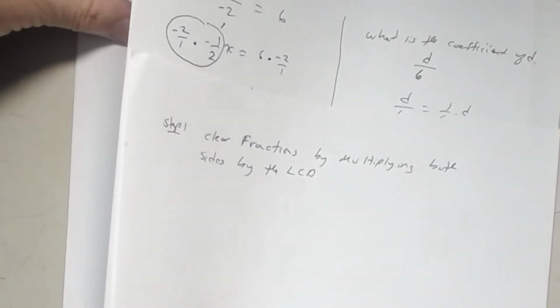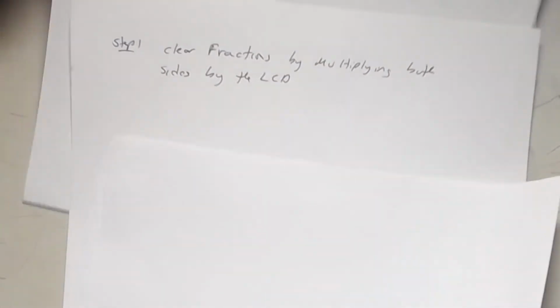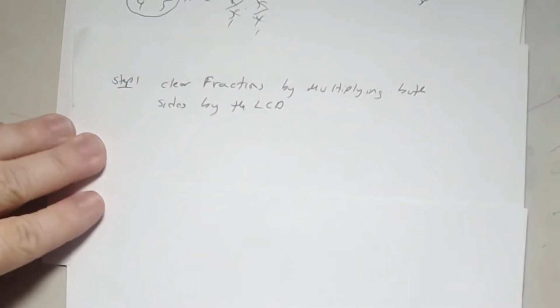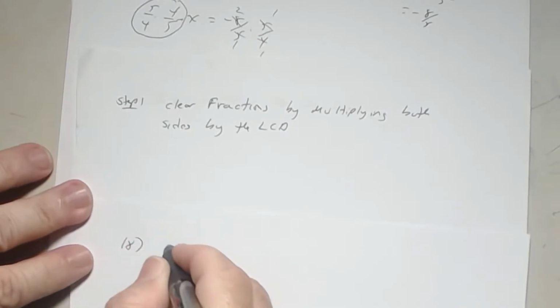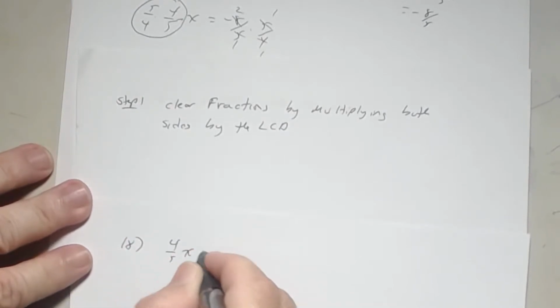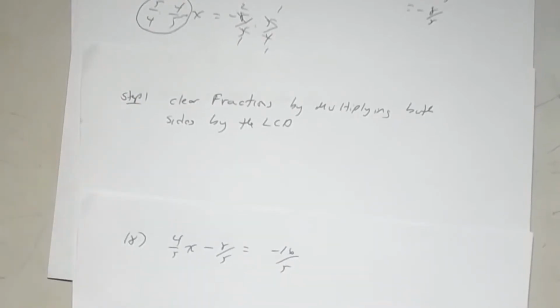So we're going to look at a problem that involves clearing the fractions, which is the one we just did. So let's do the one we just did again. This is going to be problem 18 again: 4 fifths x minus 8 fifths equals negative 16 fifths. If you look at this, I do have fractions.